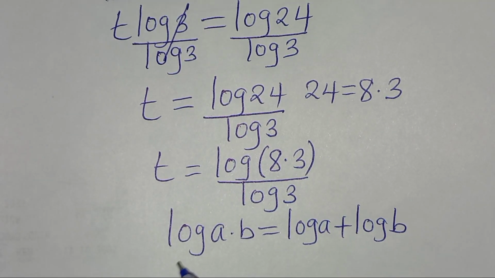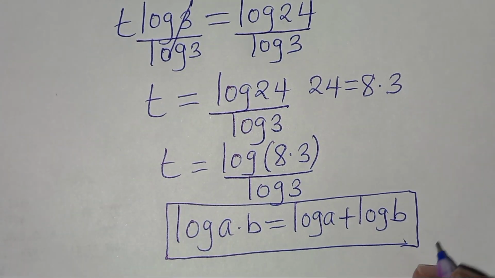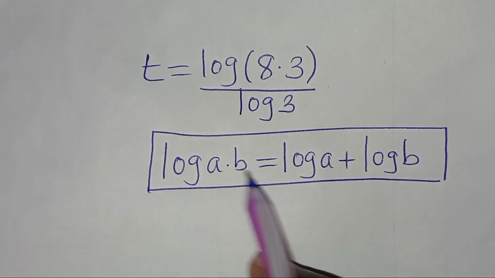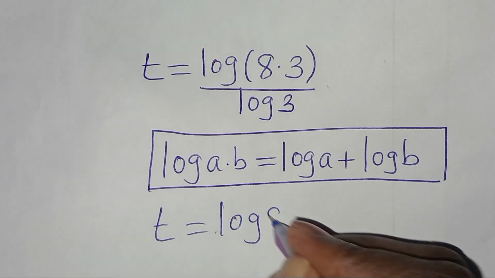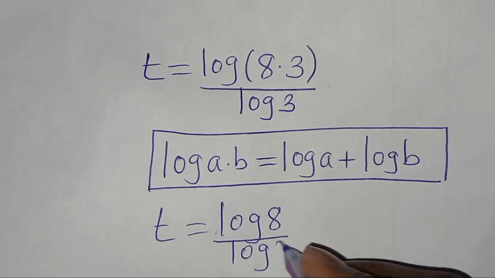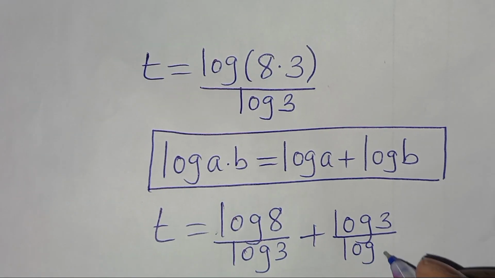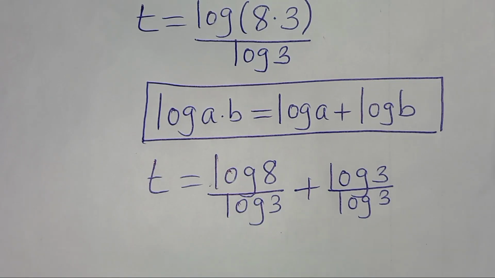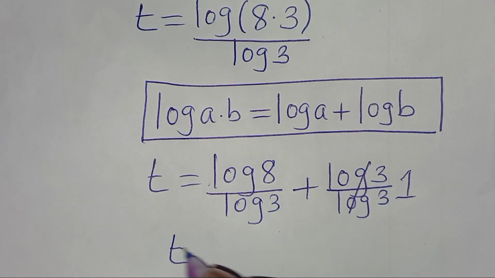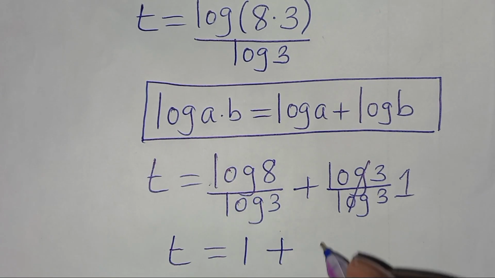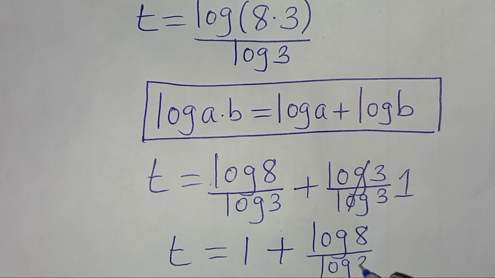Applying this logarithm property, the value of t will be equal to log 8 divided by log 3, plus log 3 divided by log 3. So let's simplify log 3 and log 3, so that this is equal to 1, and this implies that t is equal to 1 plus log 8 divided by log 3.